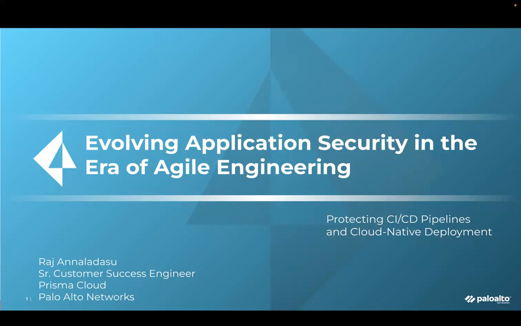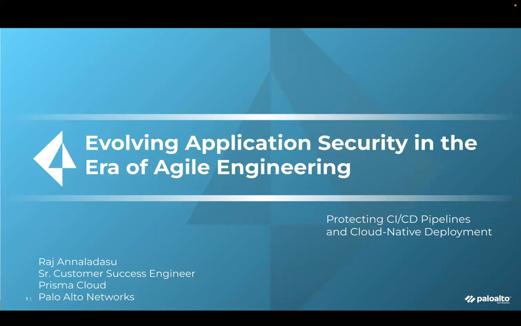So to start with, engineering is increasingly fast-paced, more dynamic and influential across organizations. With that, AppSec also needs to evolve, right? As of today, agile development methodologies, primarily CI/CD pipelines, are commonplace in this modern cloud-native development landscape.